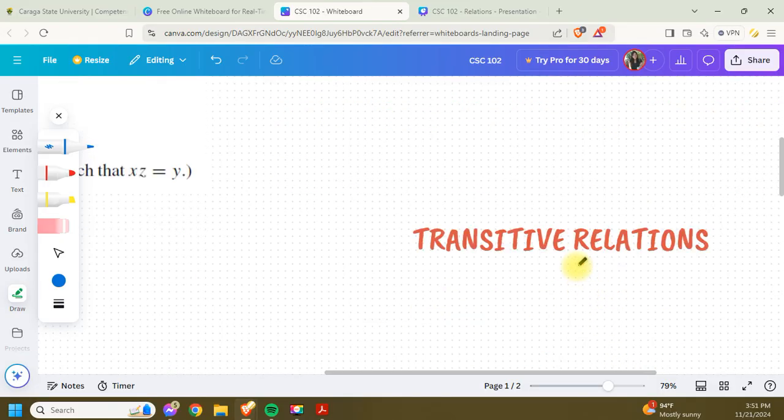When you say transitive relation, it just means that if there exists an AB in your set of relations, then there should be an element in your R that connects B to C. So technically, this here is a transitive relation because A and C are related through B.